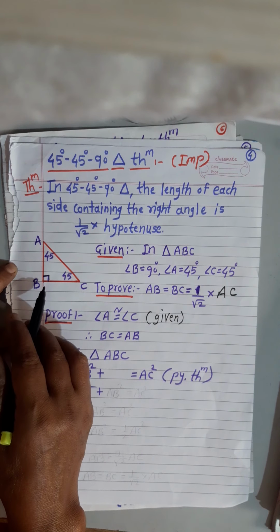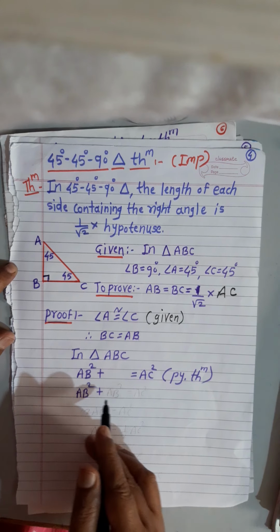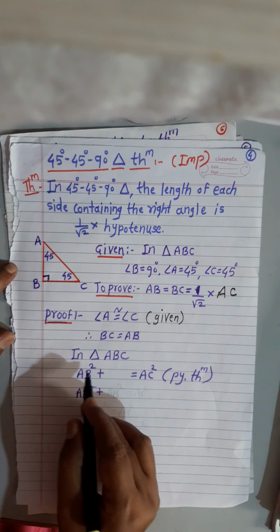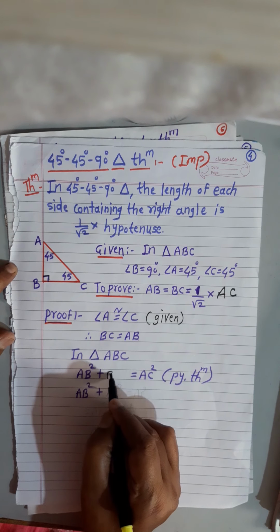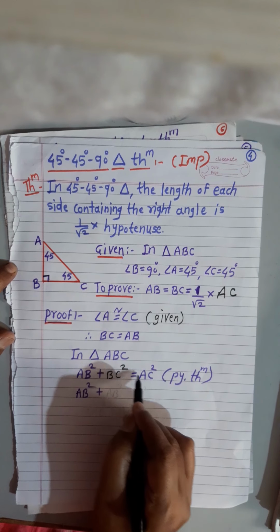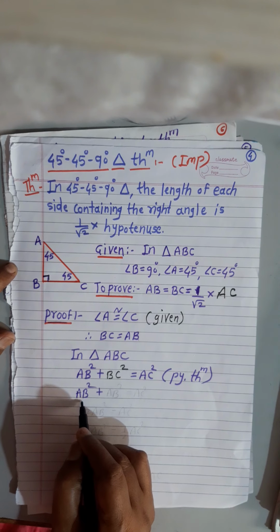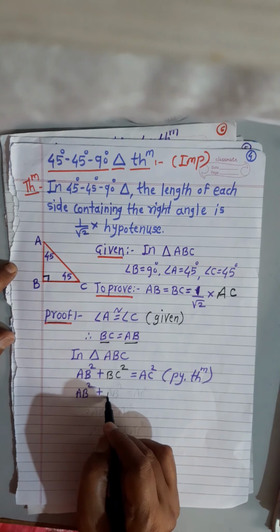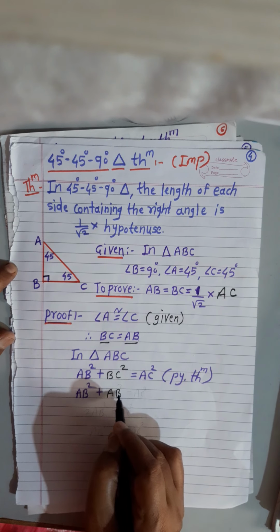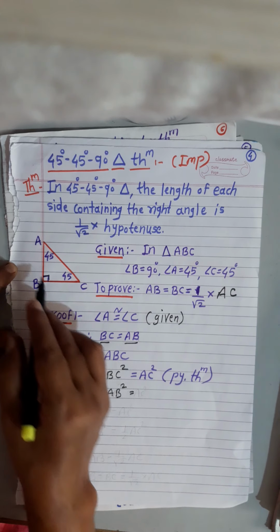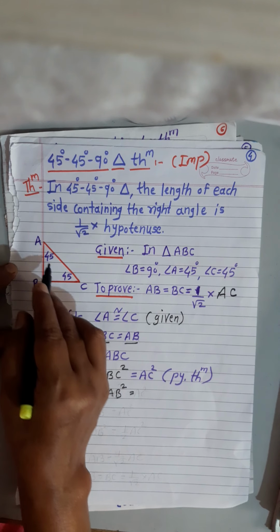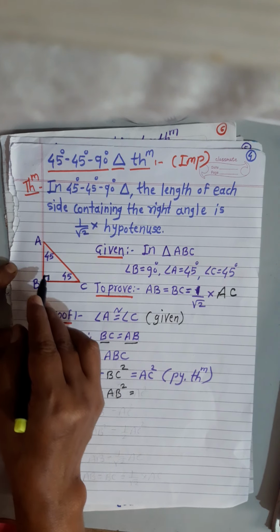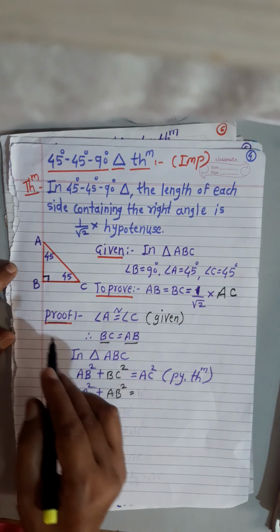It is a right angle triangle, therefore you can use the Pythagoras theorem: AB square plus BC square equal to AC square. Instead of BC I can write AB again, because these two sides are congruent.